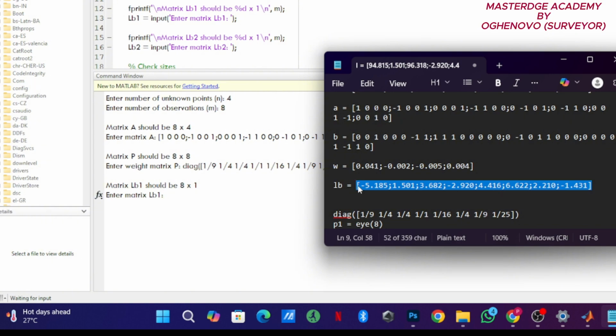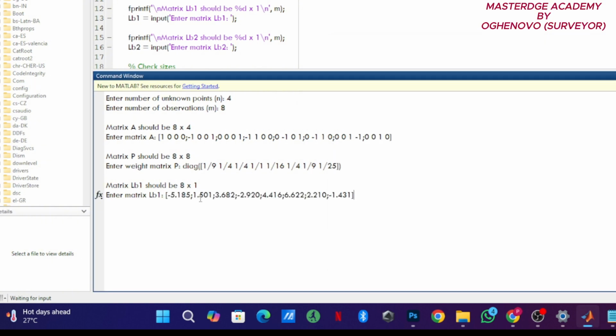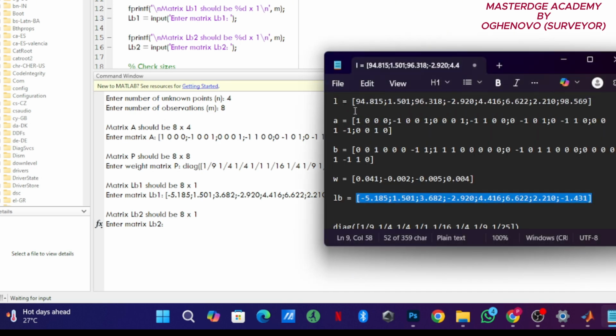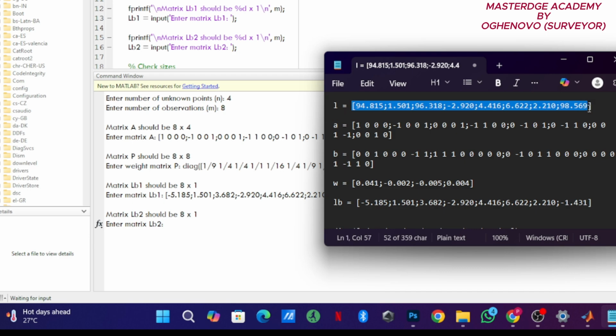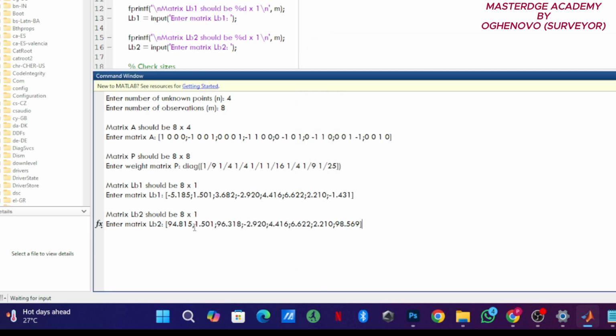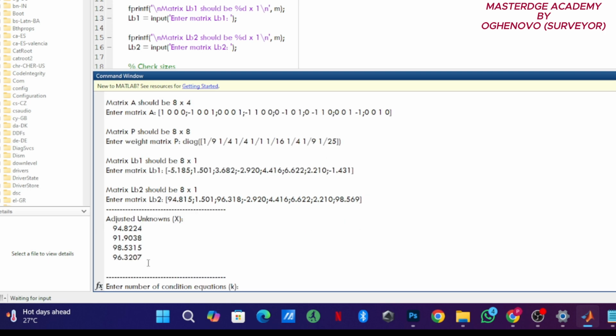Copy, paste. Let's put in the right one now. This is the correct one. Copy, paste. Right, so now this is our answer for B, C, D, E.